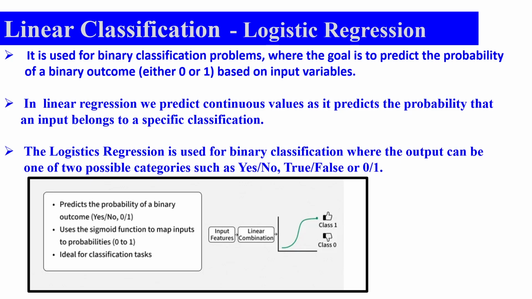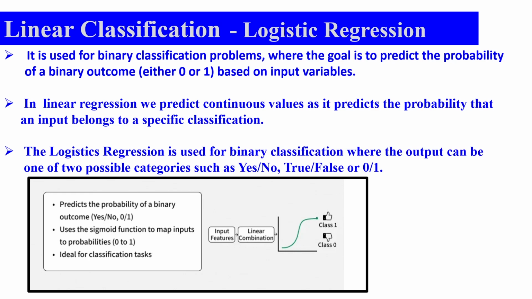In linear regression we predict continuous values of any variable, but here we predict discrete values, simply 0 or 1, yes or no. So, logistic regression is sometimes called binary classification, where the output can be either 1 or 0, no or yes.